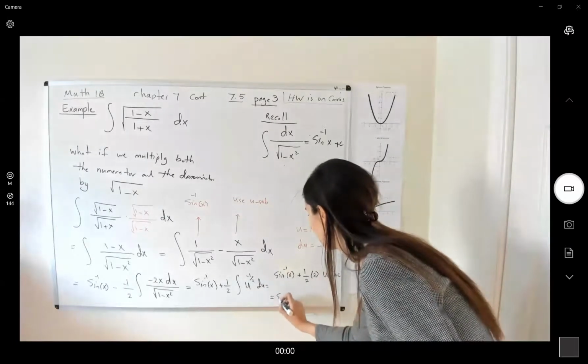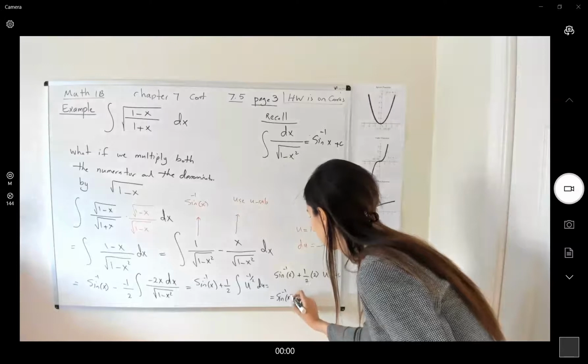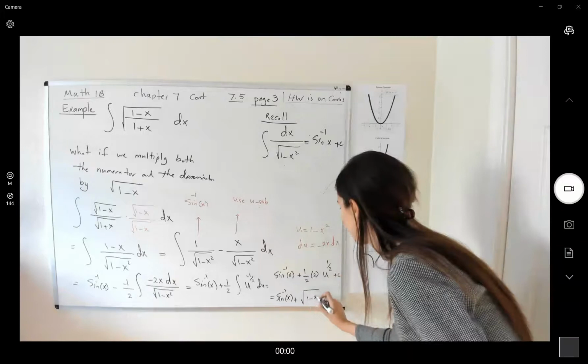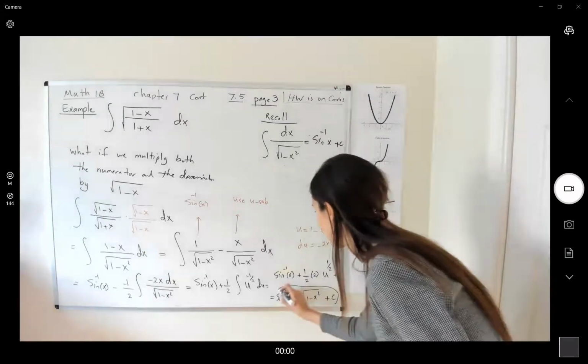So this is equal to inverse sine of x plus the square root of u. What is u? 1 minus x squared, plus the constant of integration.